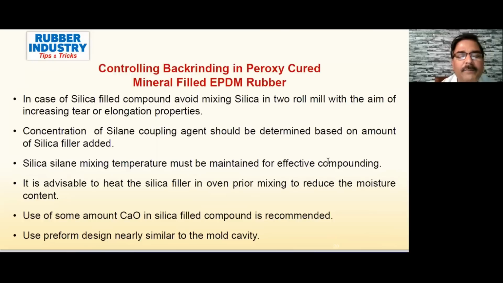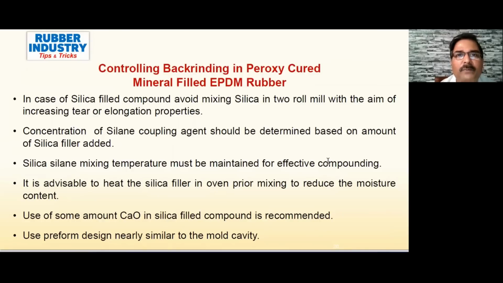The concentration of the silane coupling agent should be determined based on the amount of silica filler added. The silica-silane mixing temperature must be maintained for effective compounding. It is advisable to heat the silica filler in an oven prior to mixing to reduce the moisture content, especially in case of peroxide curing of the EPDM rubber.